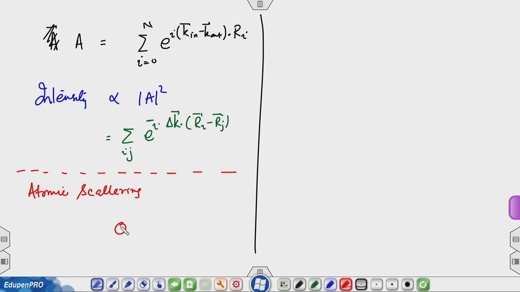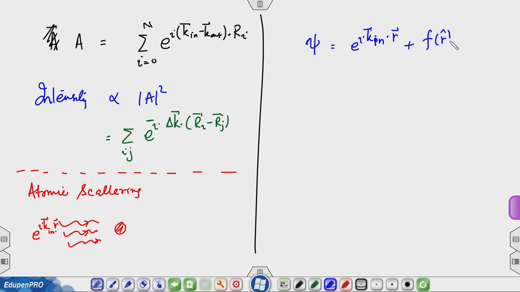If there is an atom and there is a wave coming in, let us say e raised to i k_in dot r, then the total wave psi is given as e raised to i k_in dot r plus a scattering factor f, depending on the angle, divided by r, e raised to i k dot r.